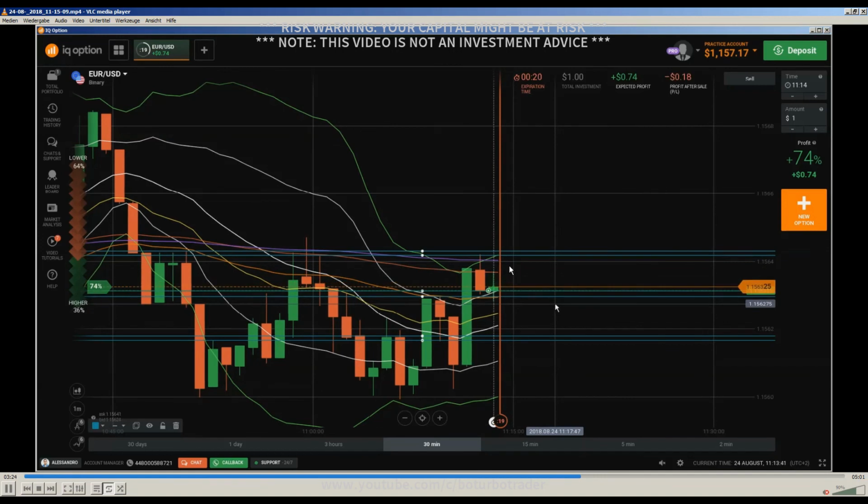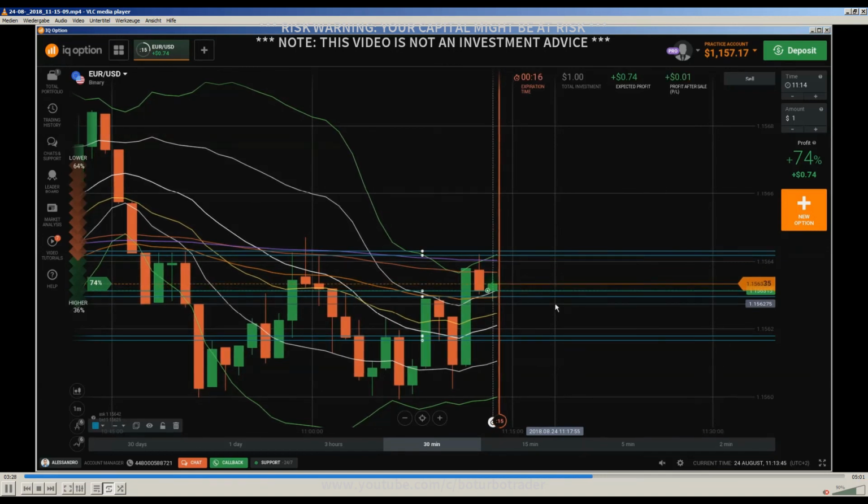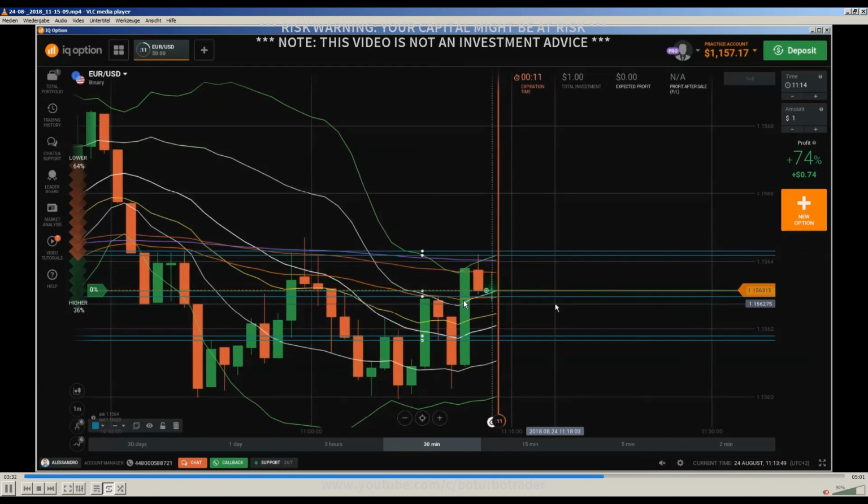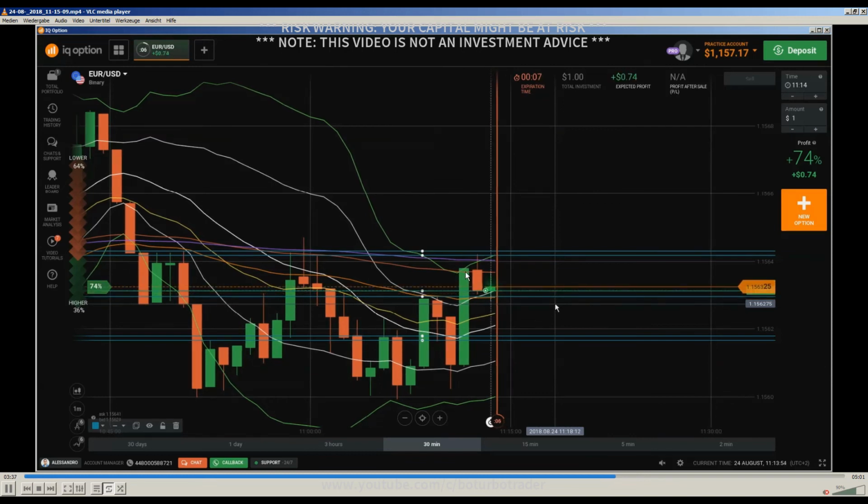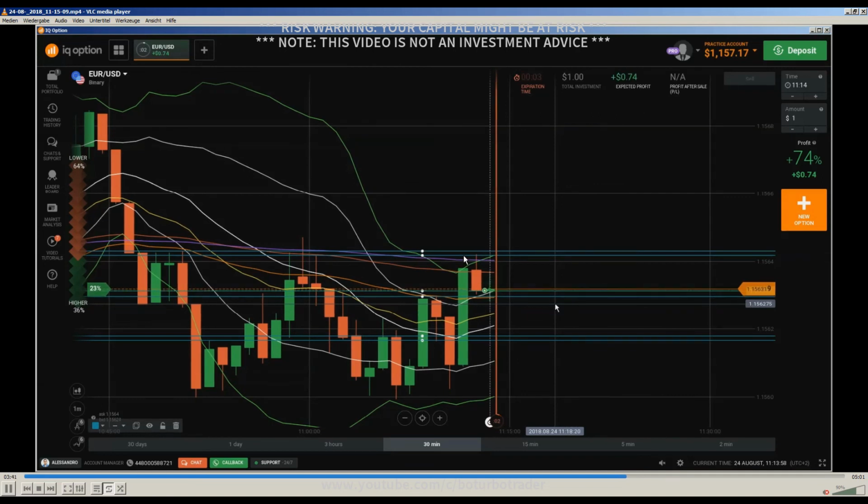We have flat EMAs, which are showing that they could be broken really easily, yes, and because we got here through the 20 EMA and the 50 EMA, and also we touched the 100 EMA, but this 100 EMA was the sign for a consolidation area.